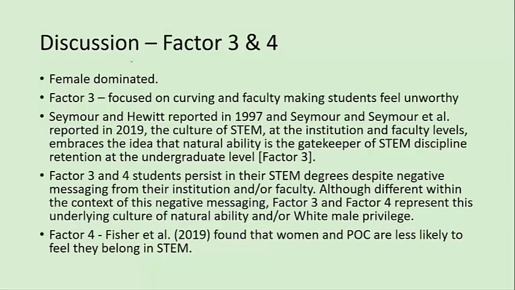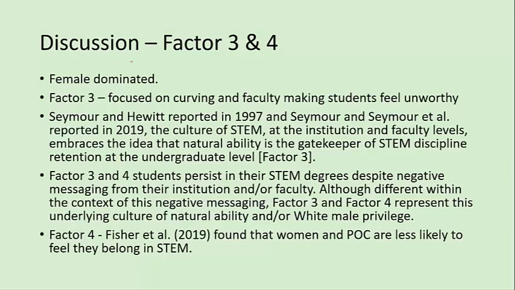Factors 3 and 4, I kind of lumped them together because they were the women factors. They seem to be on those two factors. Factor 3 was very focused on curving. They had a lot of comments about how curving made them feel unworthy, like they didn't belong in the major.